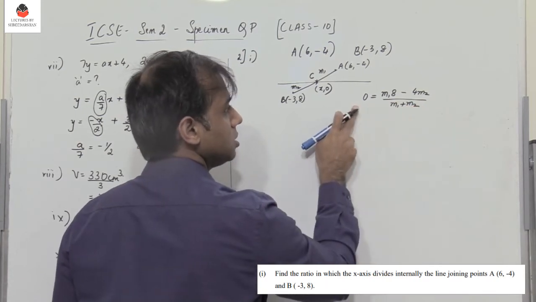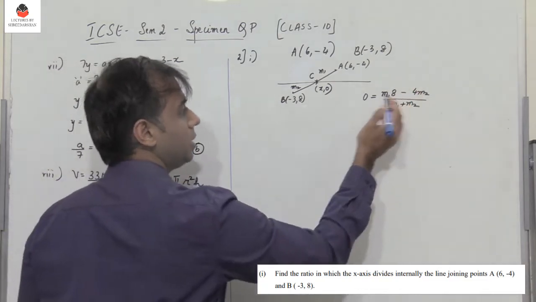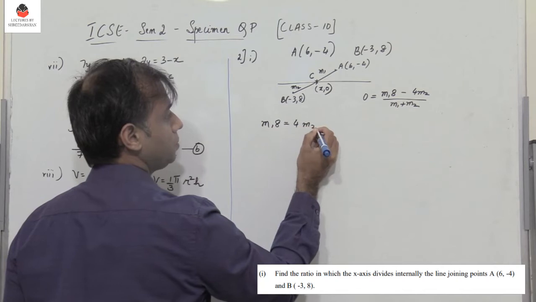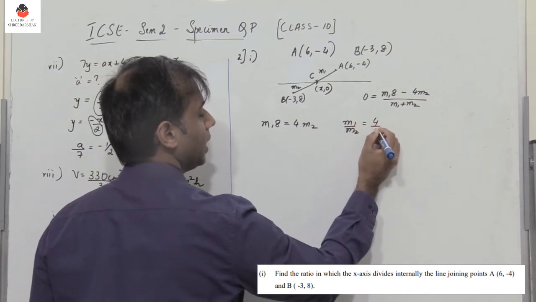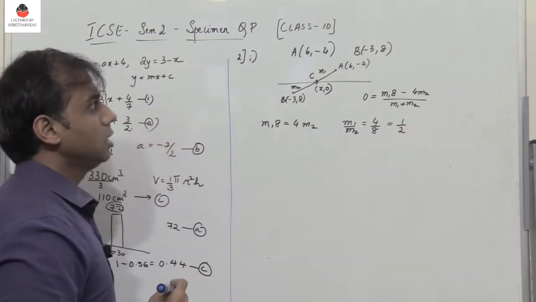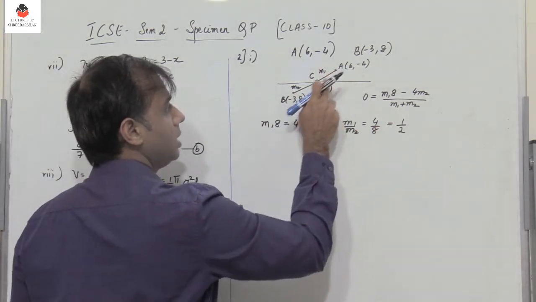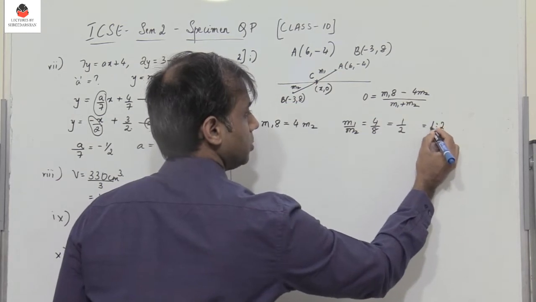Right? So since the y value is 0, I equate the numerator to 0. m1 times 8 equals 4m2. So what is m1 by m2? It is 4 by 8, or it is 1:2. Right? So therefore, the x-axis divides the line connecting A and B in the ratio 1:2, which happens to be the right answer.